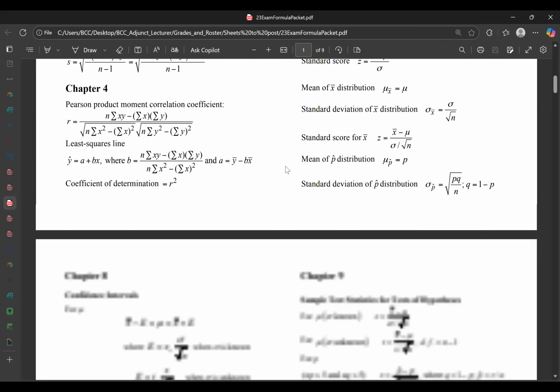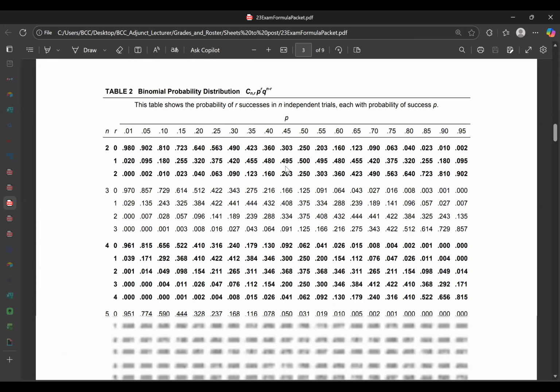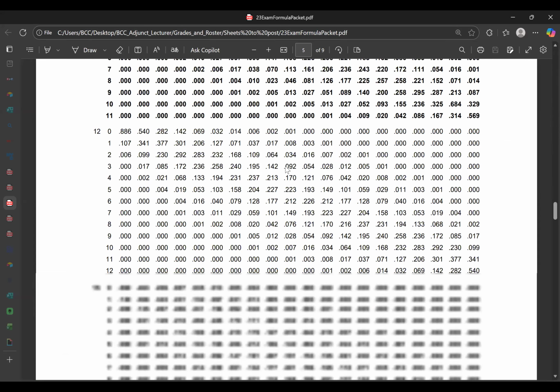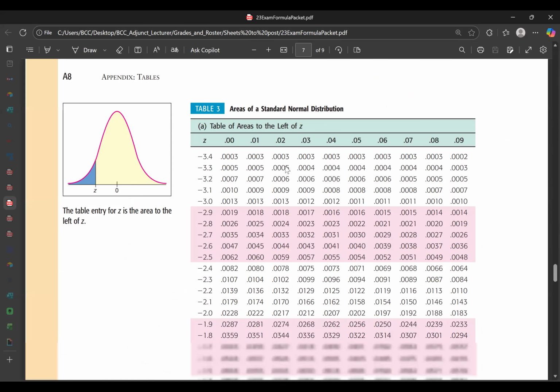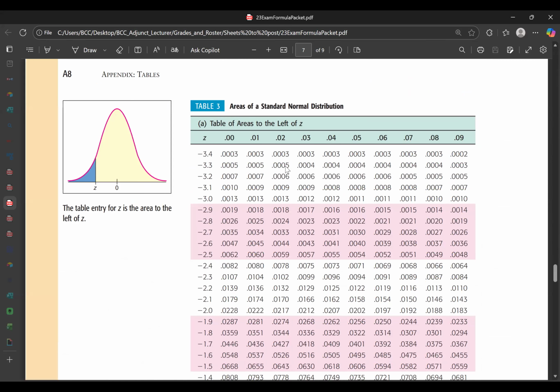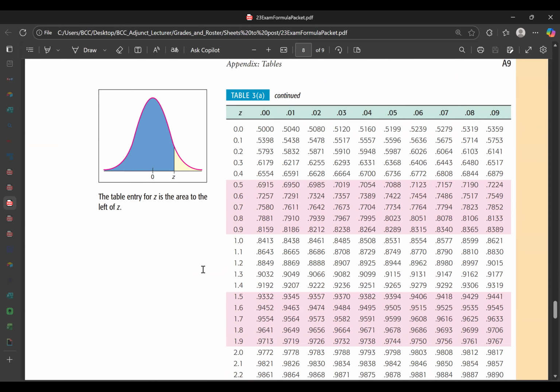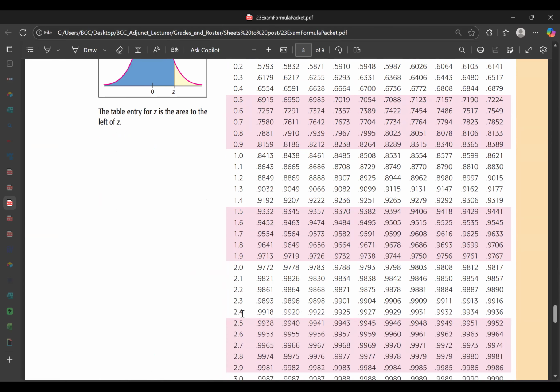The one that says area of a standard normal distribution. I'm looking for positive 2.70. The first table here is negative z's. I want the positive z's, the next one. So here goes my 2.7.